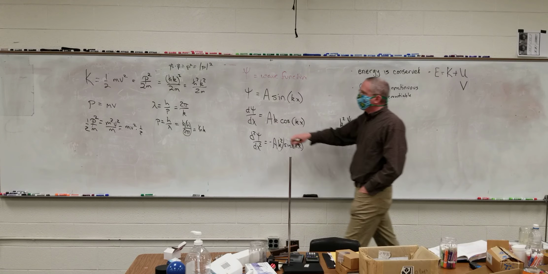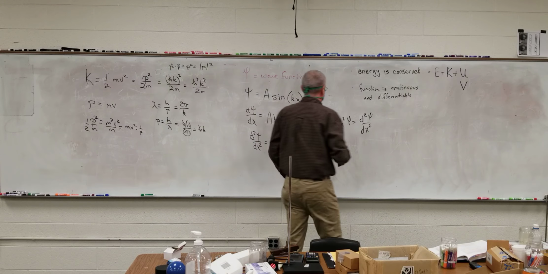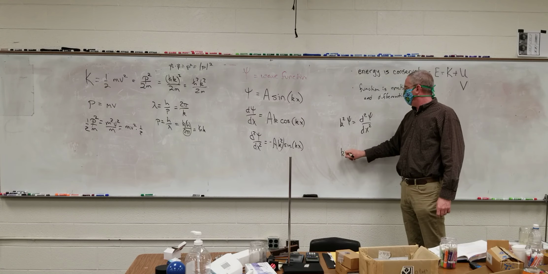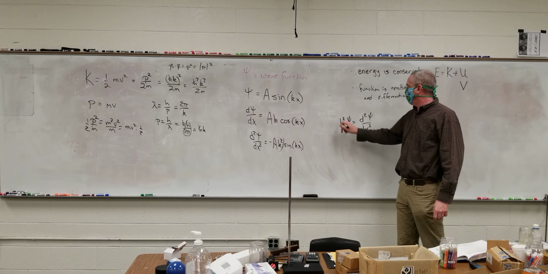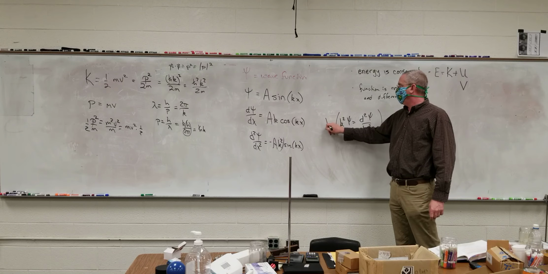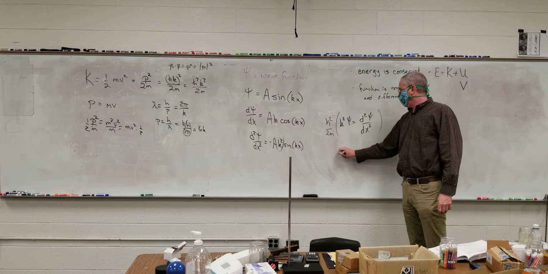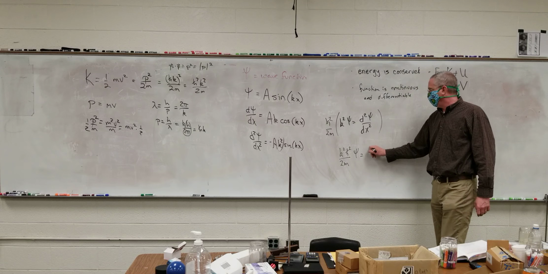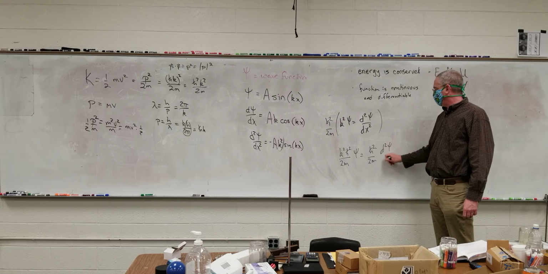K squared, coming back over to here. Actually, I want to do it this way. I want to multiply both sides by h bar squared over 2m. So I get k squared h bar squared over 2m times psi is equal to h bar squared over 2m d squared psi dx squared.